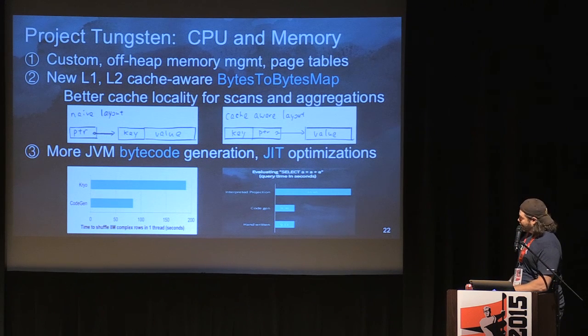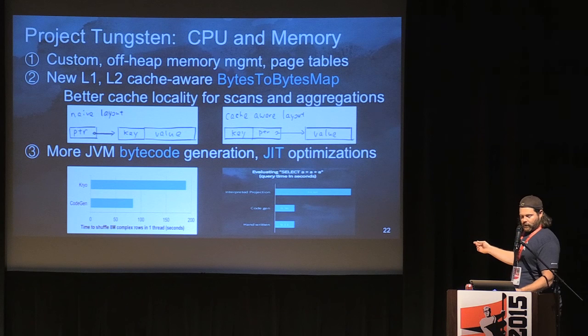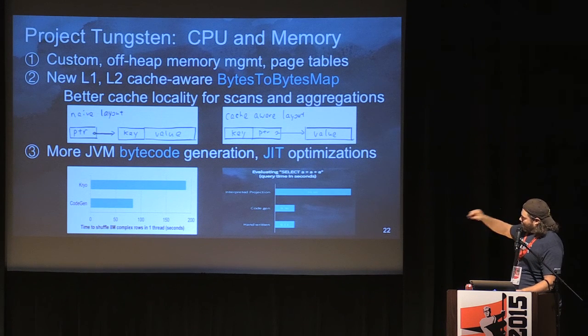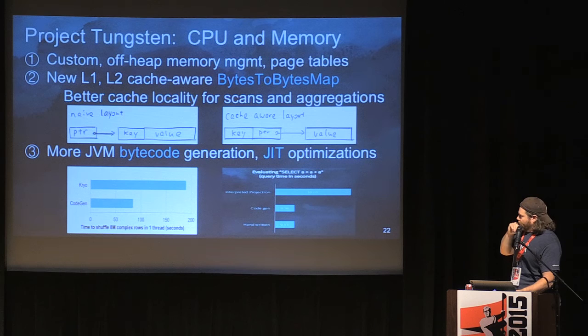There's also going to be a lot more JVM bytecode generation going on. There's Kryo, which I think someone mentioned earlier today. That's the recommended serialization technique, and I can't remember who actually built it, maybe Google or something.